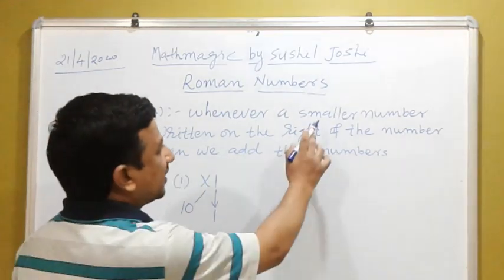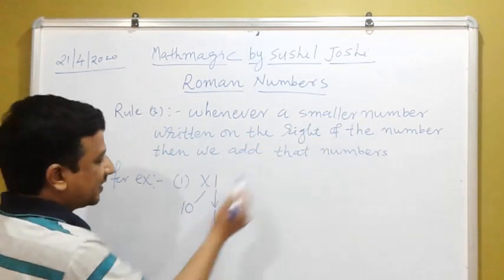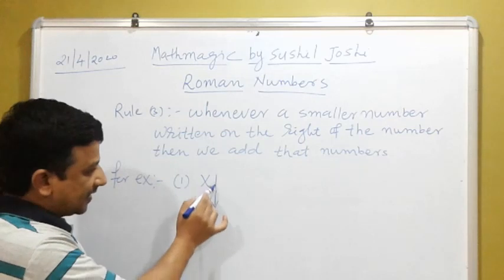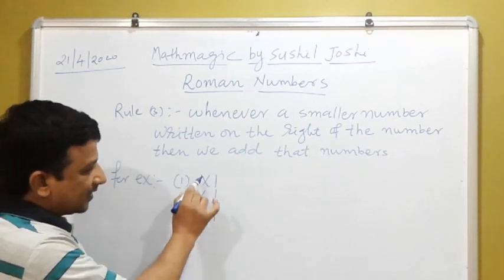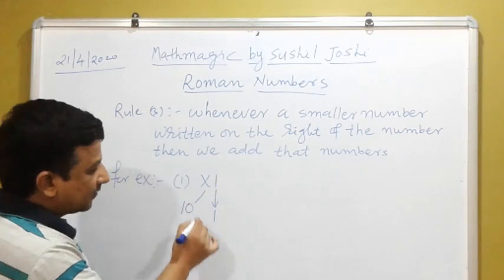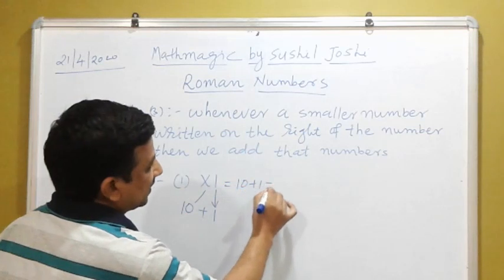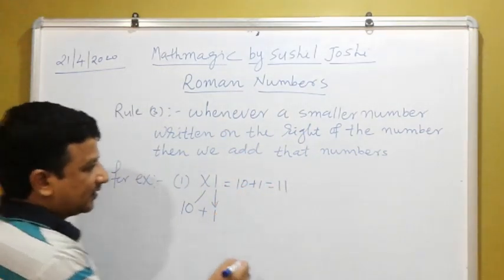Whenever a smaller number is written on the right of the greater number, then we add the number. I represents 1, that means I is the smaller number, X represents 10, X is the greater number, and the smaller number is written on the right hand side. So we add these two numbers. We write 10 plus 1 is equal to 11. That means XI.